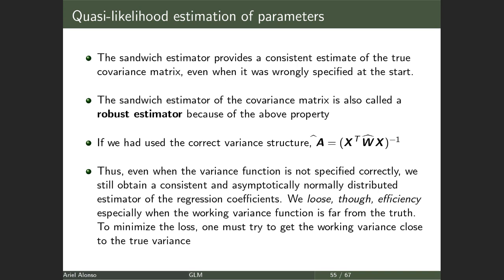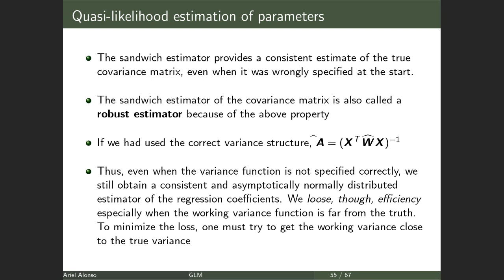So it's a consistent estimate for the true covariance matrix, even when it was wrongly specified at the start. When you got the working covariance wrong, you still get a robust estimator for the variance-covariance matrix of the quasi-likelihood estimator of beta. If you got the variance right, then the sandwich estimator becomes simpler.